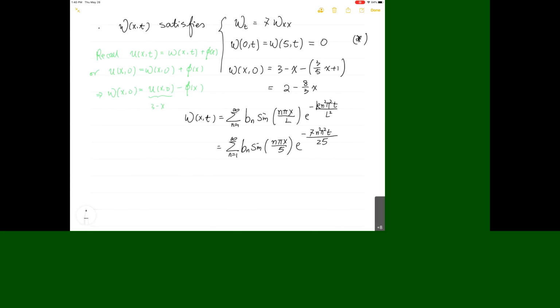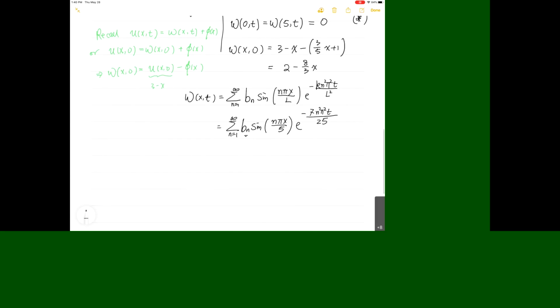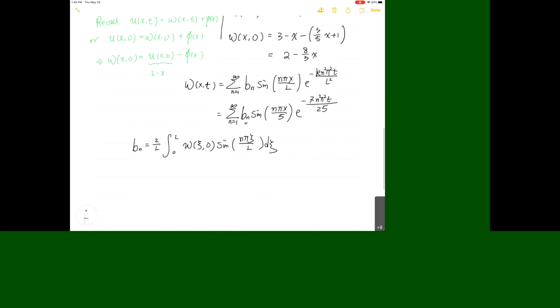And we also need to know the coefficient b_n, right? Again, we have the formula. b_n equals 2 over L, integral from 0 to L, of the initial condition multiplied by sine of n pi c over L, d c. Again, you don't have to use c. You just use any variable you feel comfortable with.